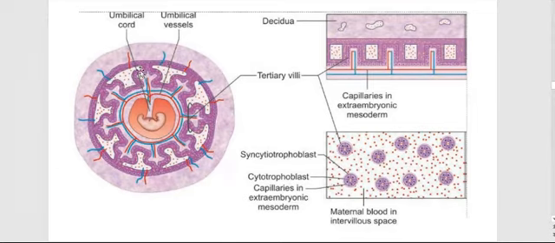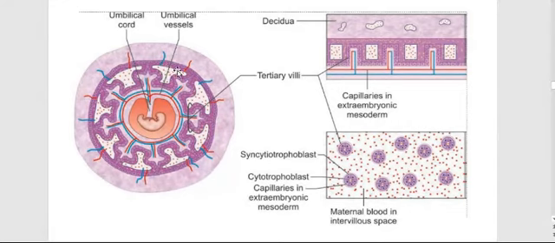From the fetal side, we have these chorionic villi, and from the maternal side, we have the decidua basalis. So fetal blood is circulating in the vessels found in the chorionic villi, and maternal blood is circulating in the intervillous spaces.